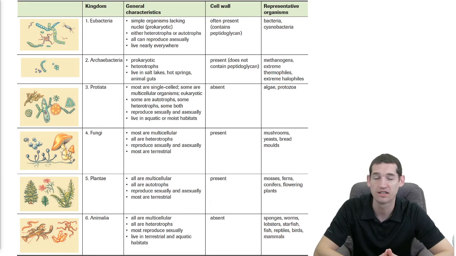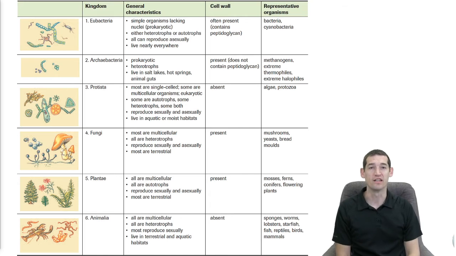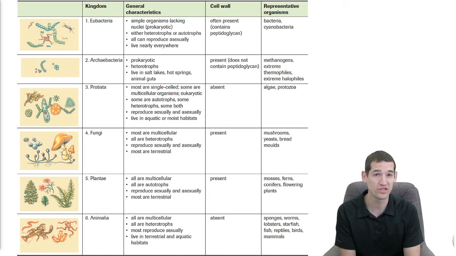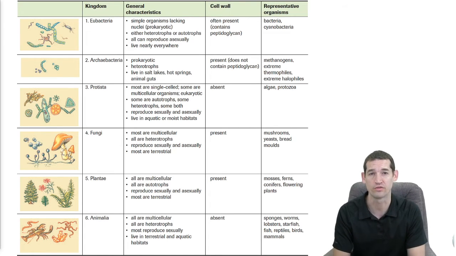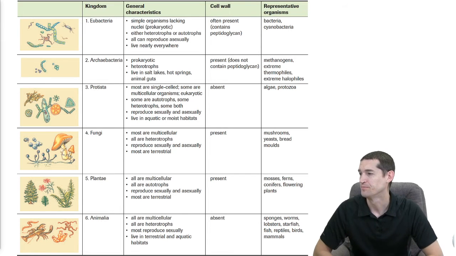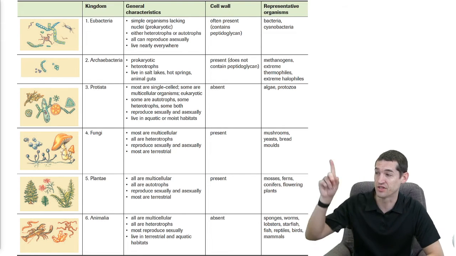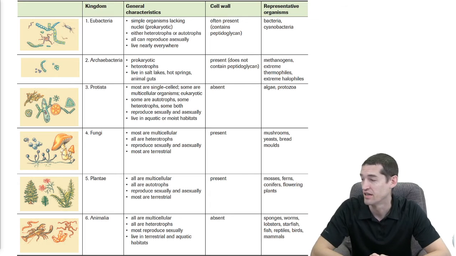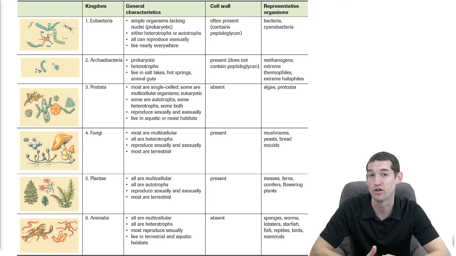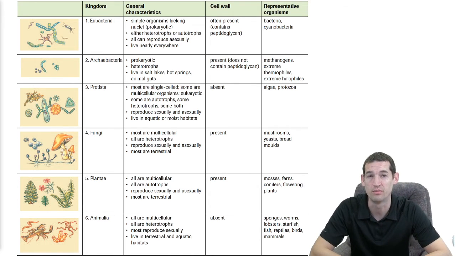Based on our current understanding and evidence, we think the Archaebacteria is the oldest, that they were some of the earliest forms of life on the planet. And you can see they live in some really extreme places, like those deep sea vents that we talked about. Really chemically hazardous environments. They tend to thrive in those kinds of places, which is what the planet was like early on in its development.